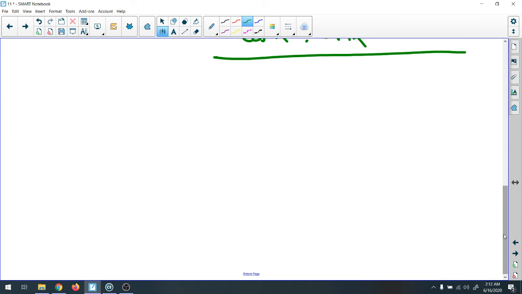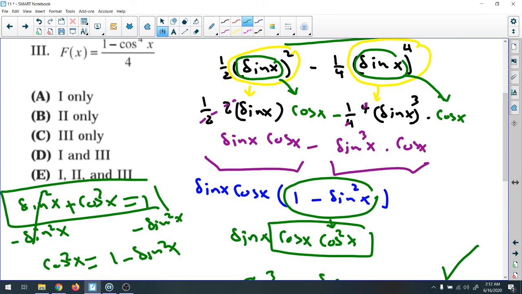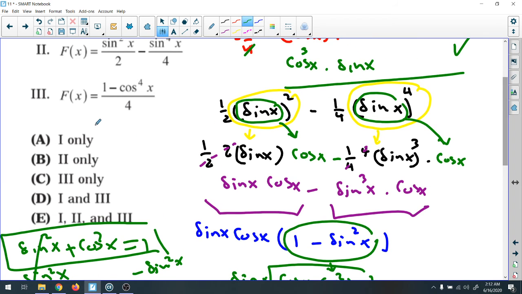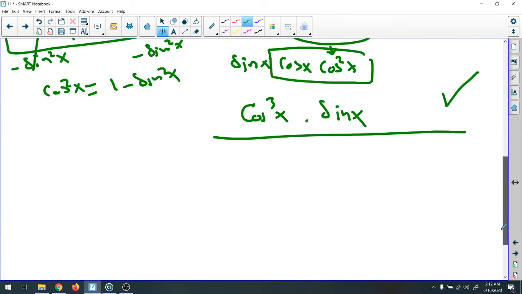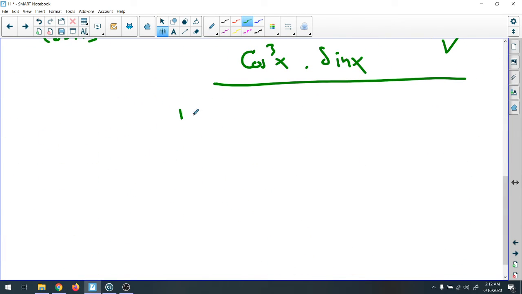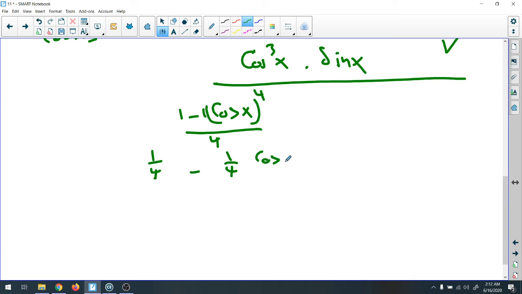Okay. Now the last part, which is 1 minus cosine to the fourth over 4. Let's separate this. It will be 1/4 minus 1/4 cosine x to the fourth.